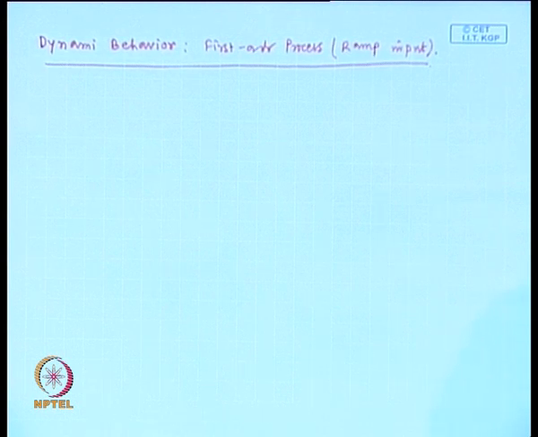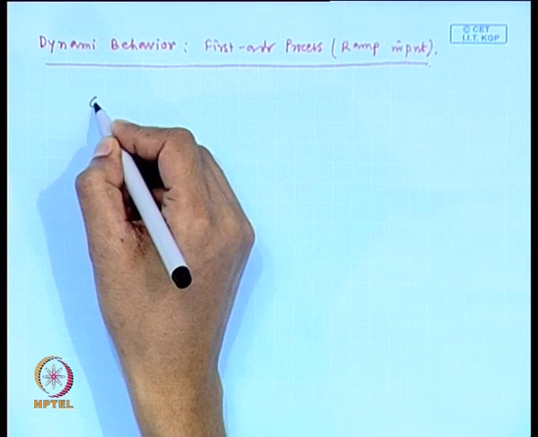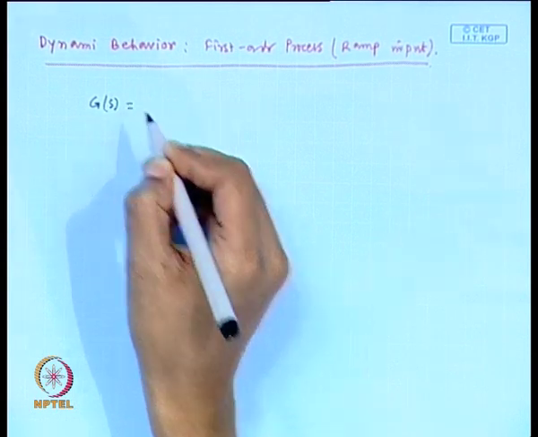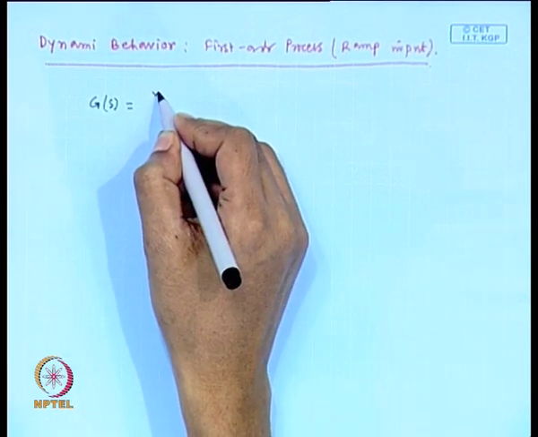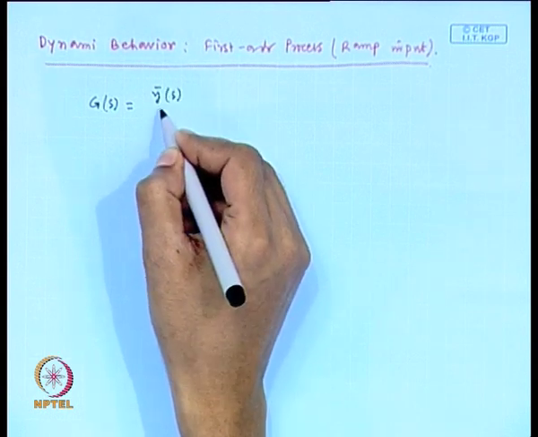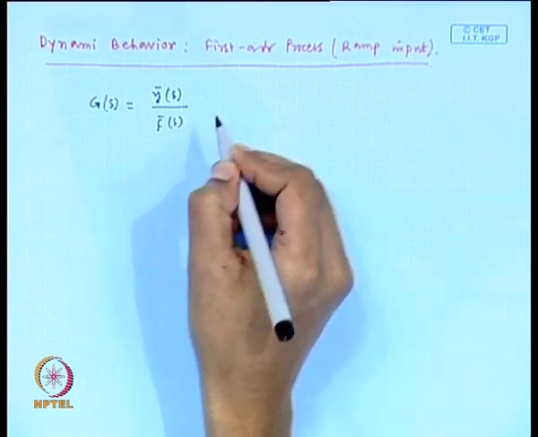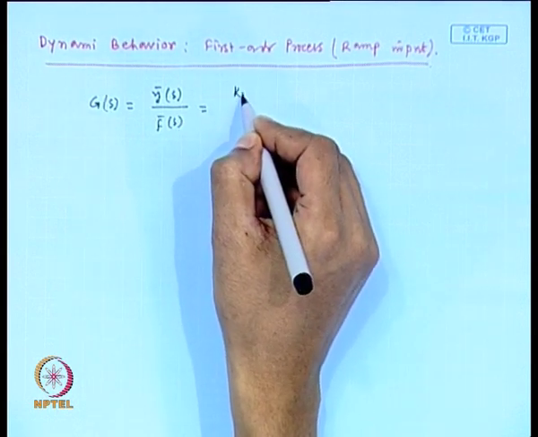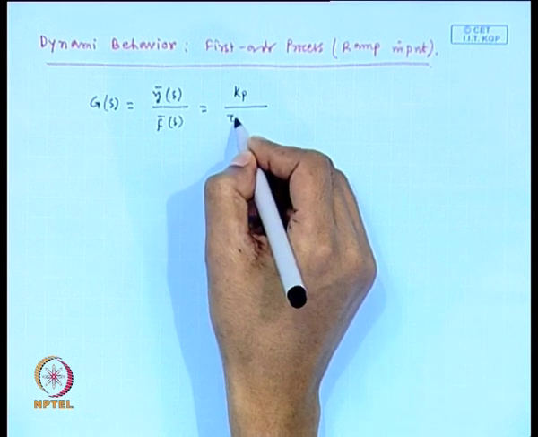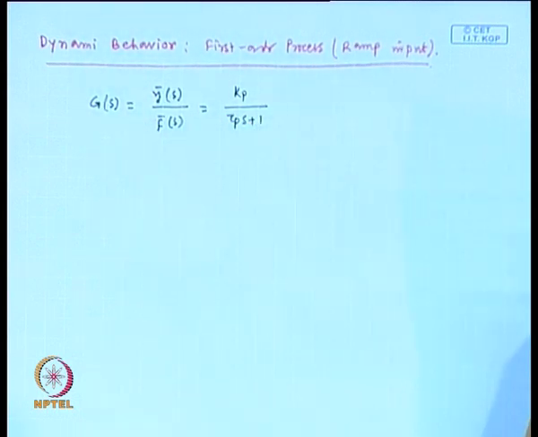So, we have already derived the transfer function of a first order system in general form, that is G s equal to y bar s divided by the input, that is K p divided by tau p s plus 1.